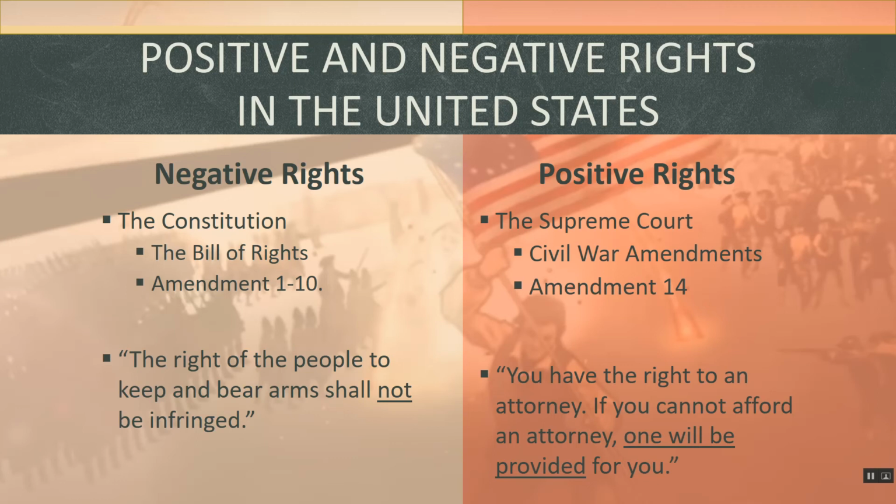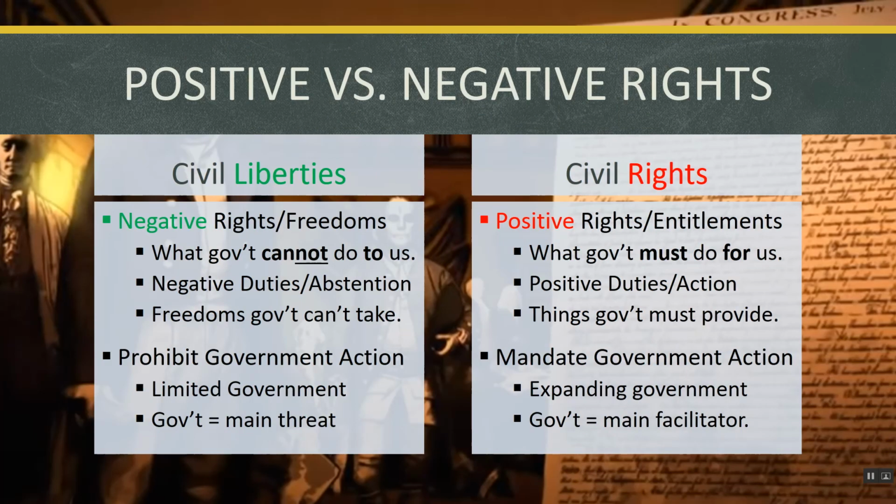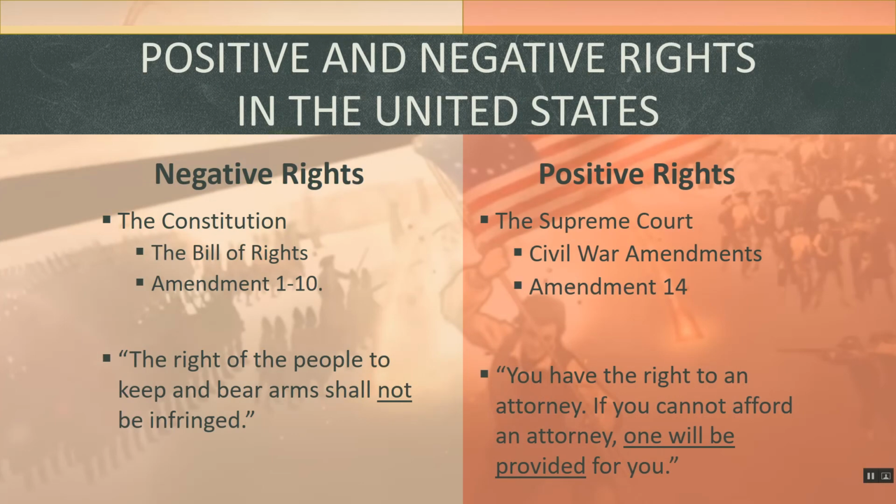So this is telling us what the government shall not do to individuals. It shall not infringe their right to keep and bear arms. So this is protecting a negative right. The reason that I prefer the language of negative rights and positive rights to the language of civil liberties and civil rights is that many times the Constitution uses the term rights in reference to liberties, and that can create some confusion.